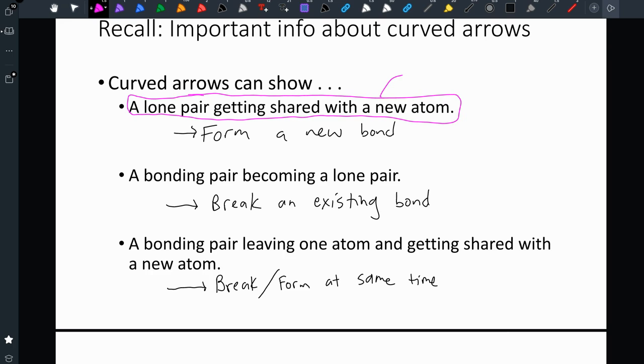So when we do this, we want to share from partially negative toward something that's partially positive. When you think about two molecules approaching each other, the negative part of one is going to be attracted to the positive part of another. If the two molecules take that to the extreme, then that partially negative atom can share a lone pair with the new atom.